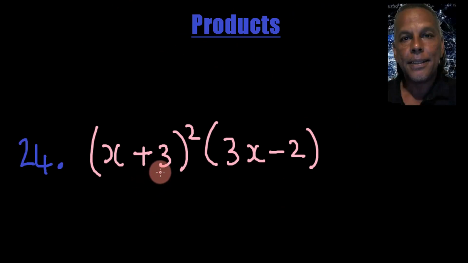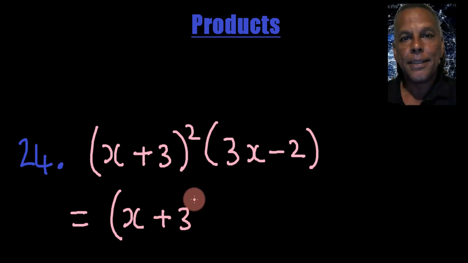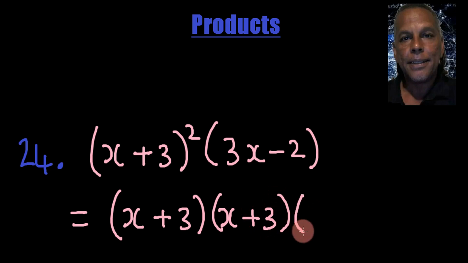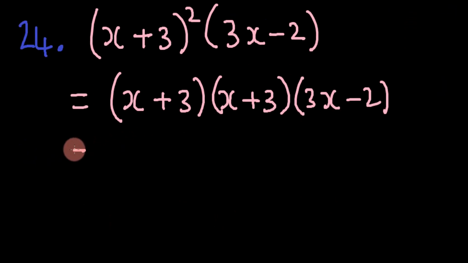We're going to start by rewriting the expression. We know that x plus 3 all squared means that we are multiplying x plus 3 by itself. Now we can start by multiplying the last two brackets.